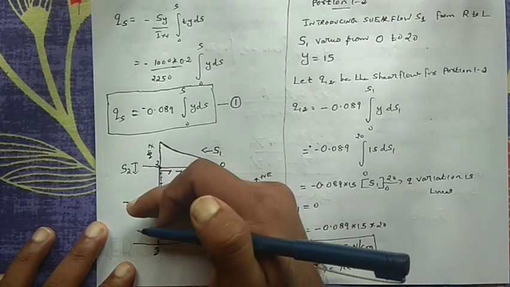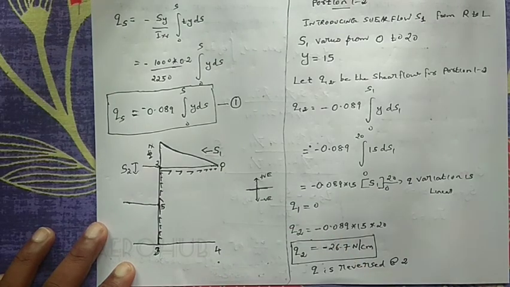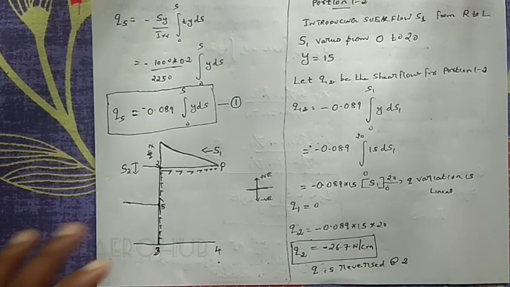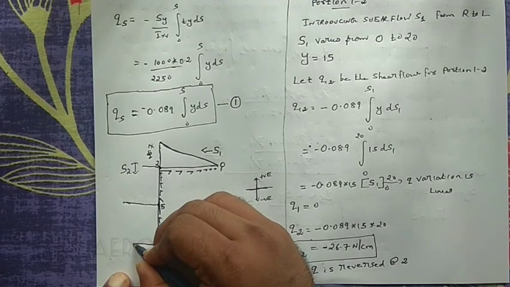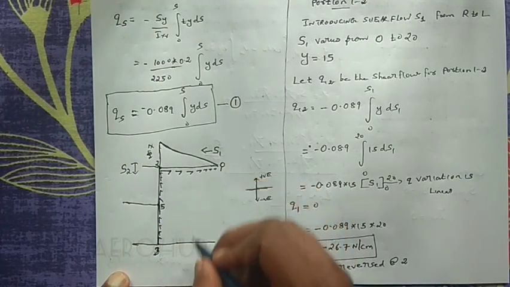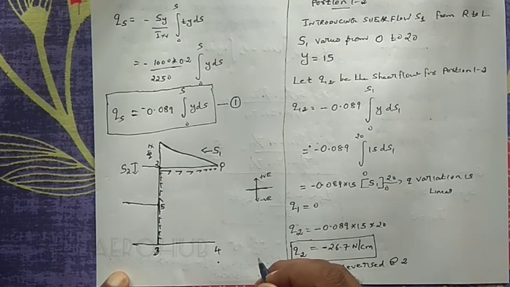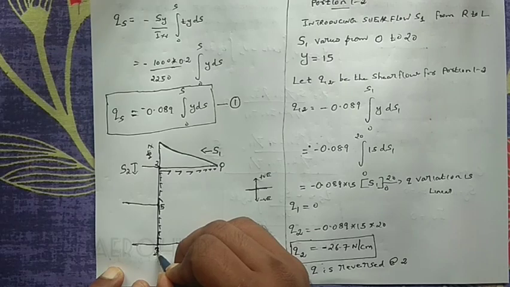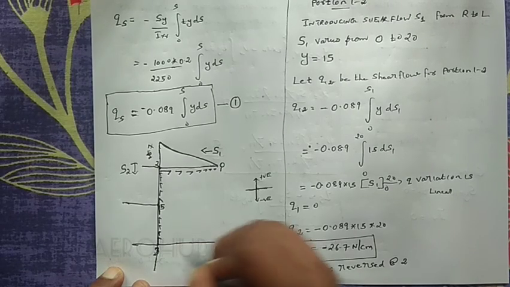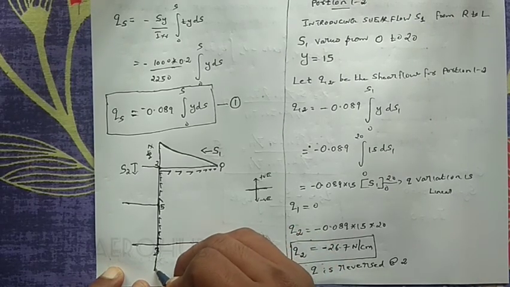And since the section is symmetric about your y-axis, the shear flow distribution for portion 1, 2 and portion 3, 4 will be same. So I can find out Q3 as 26.7 and Q4 will be always 0.